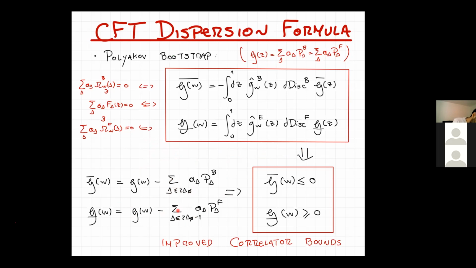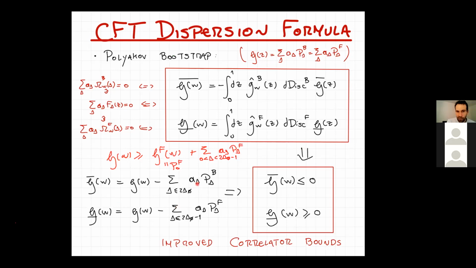So the lower bound would tell you that GW is larger or equal than GFW, the fermionic identity block, plus the sum over delta of A delta P delta F. So this was not the bound that we wanted, but this is a stronger bound.